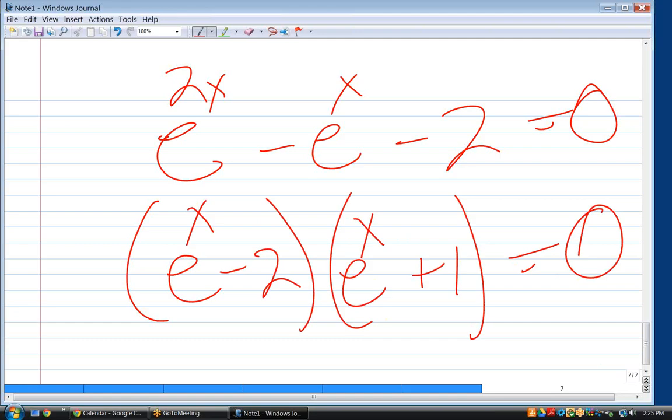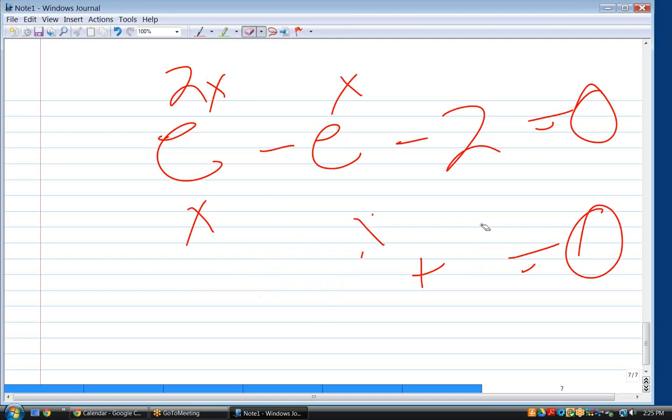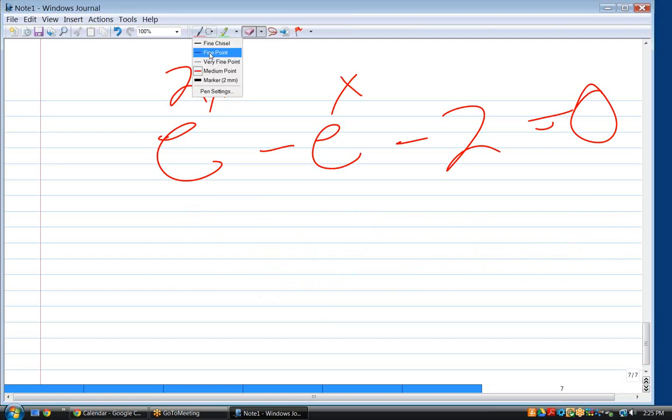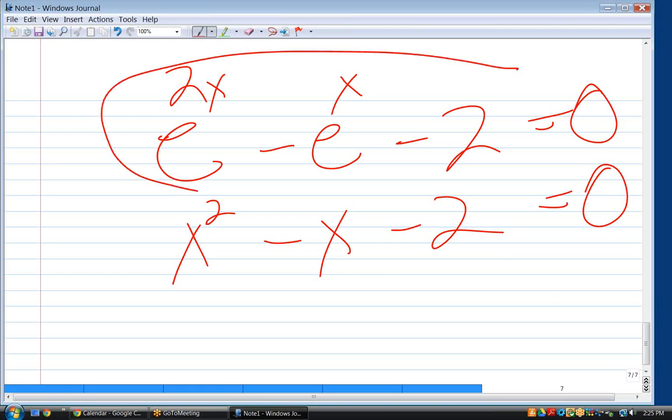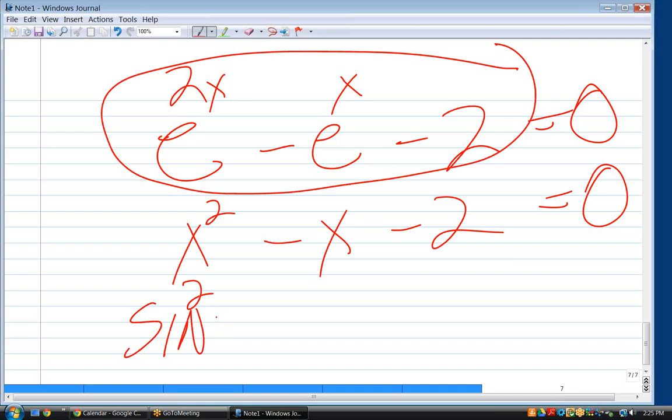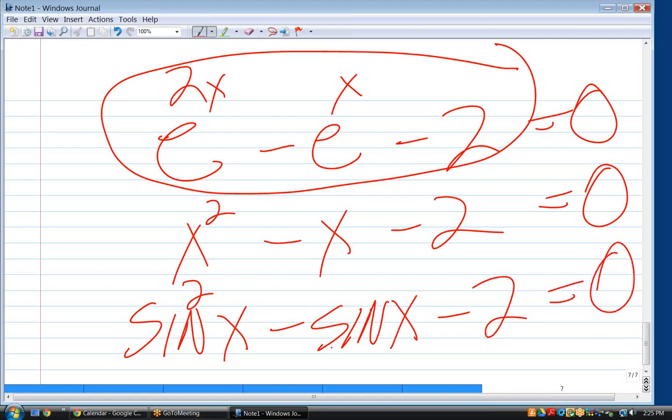But you can have quadratics in stuff other than x. In other words, a typical quadratic would be x squared minus x minus 2. But it can look like that. It can also look like this. You've had some trig, so this isn't going to be totally foreign to you, but that is a quadratic in sine x.